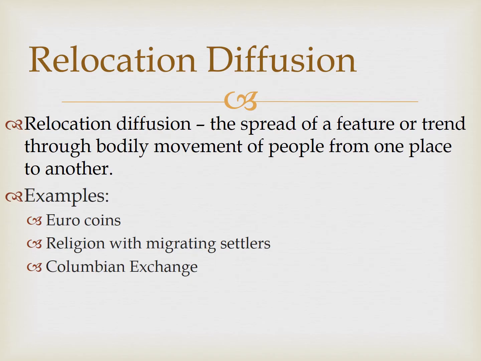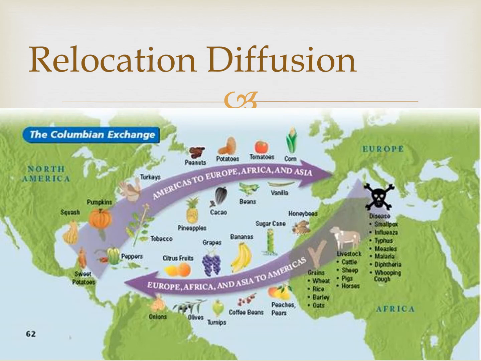And the same goes with our final example, the Columbian Exchange, which looks at the movement of crops, livestock, and disease from the Old World, Europe, Africa, and Asia, to the New World, the Americas, and vice versa, that came about after Columbus, air quotes, discovers the New World, because you can't discover a place that already has people living there.